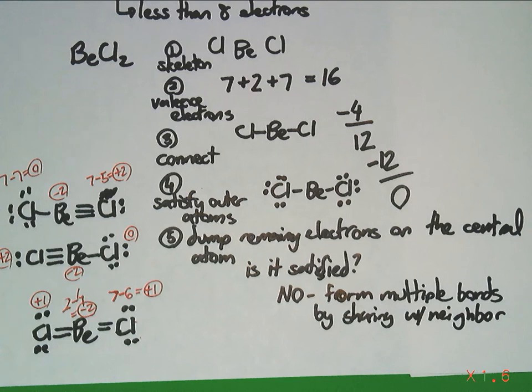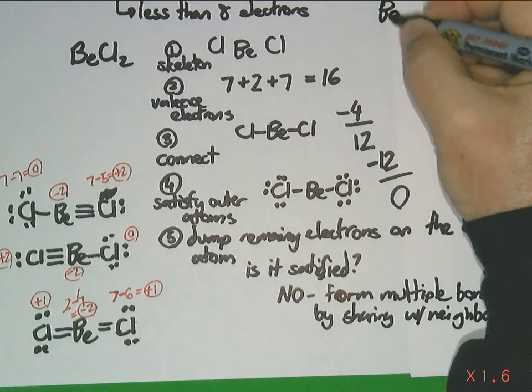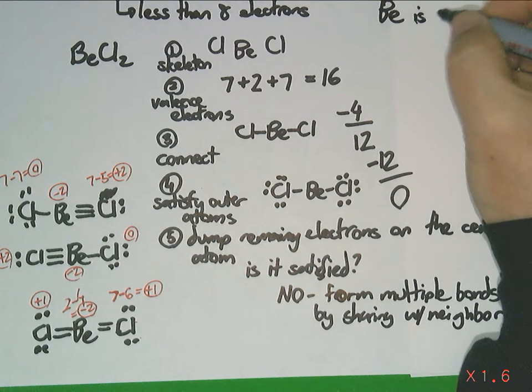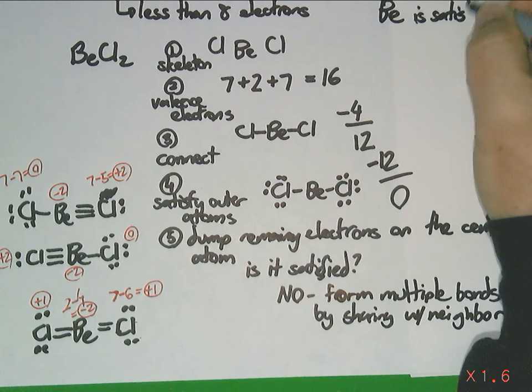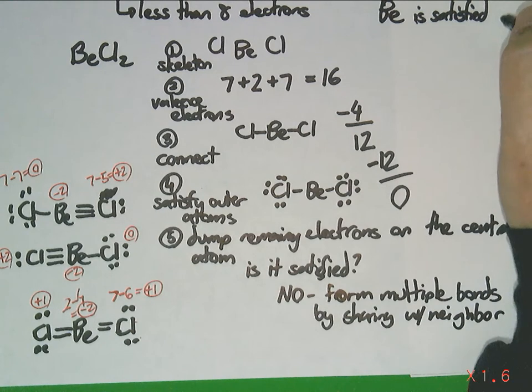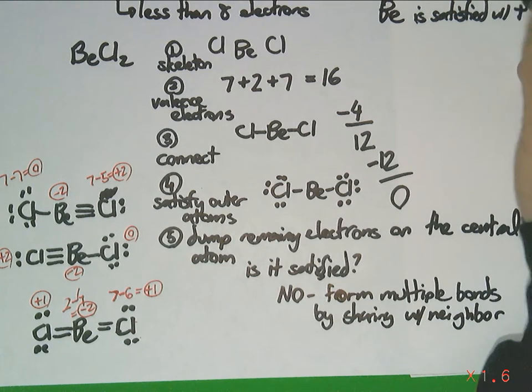You can leave an incomplete octet on beryllium and boron and it will be satisfied. Beryllium is satisfied not with an octet, but with 4.